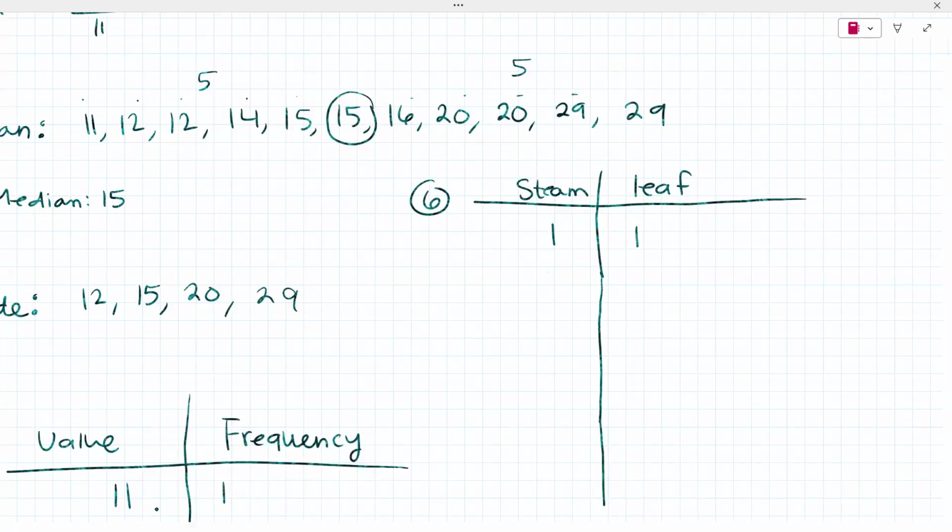For the 12s, we put a stem of 1 and leaves 2, 2, 4, 5, 5, and also 6. And then for the 20s, you put a 2 here. You have 20, 20, 29, 29, so put 0, 0, and 9, 9. Okay, so that is a stem and leaf.